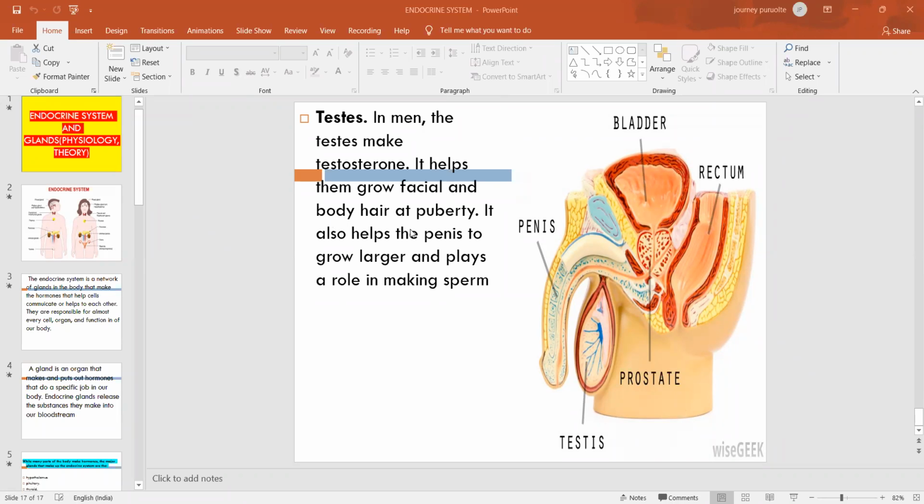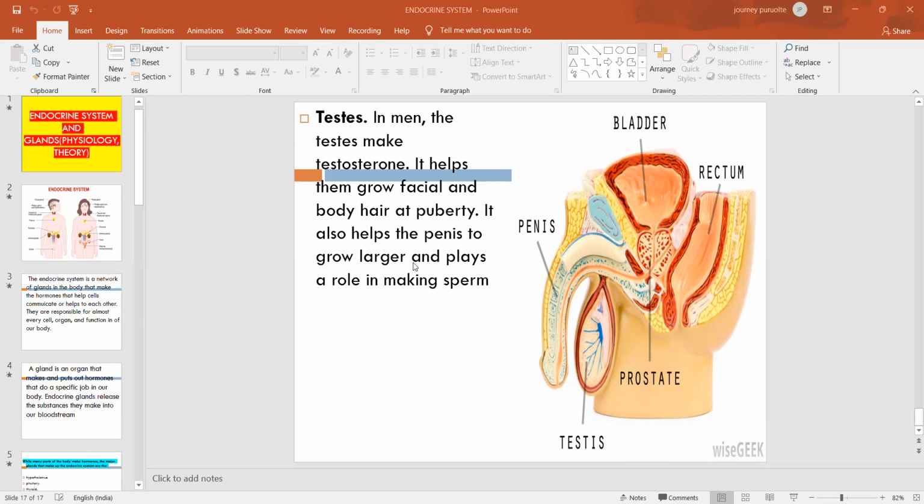It also helps the penis grow larger and plays a role in making sperm. As our age increases, the growth and development of our organs changes.